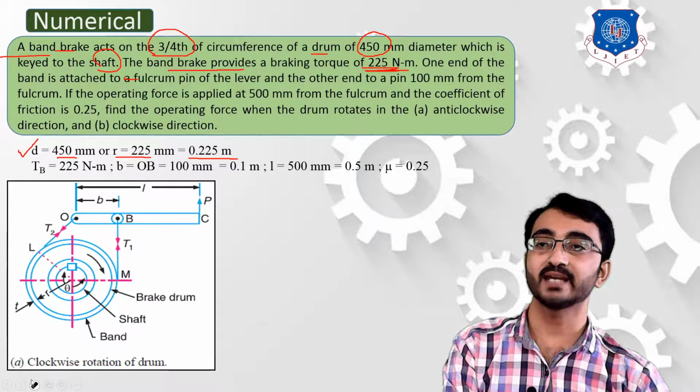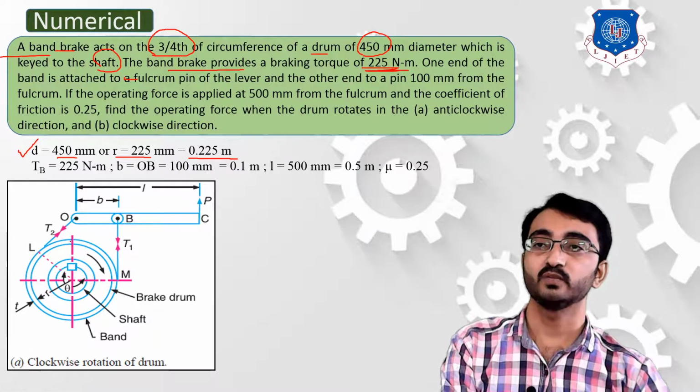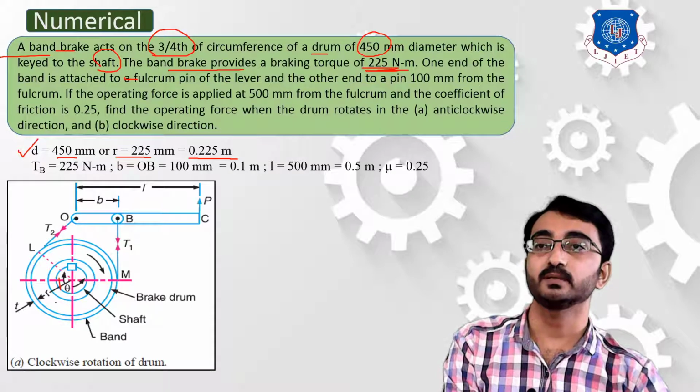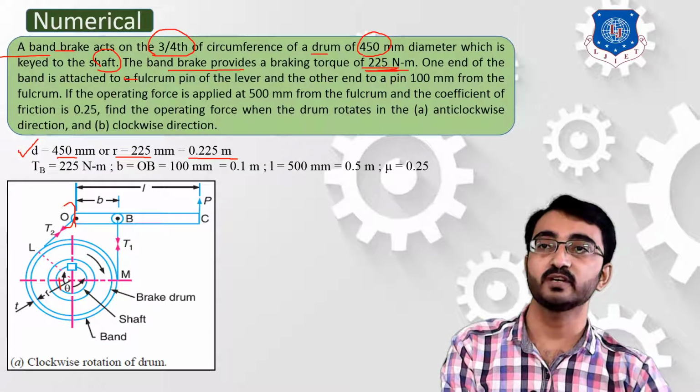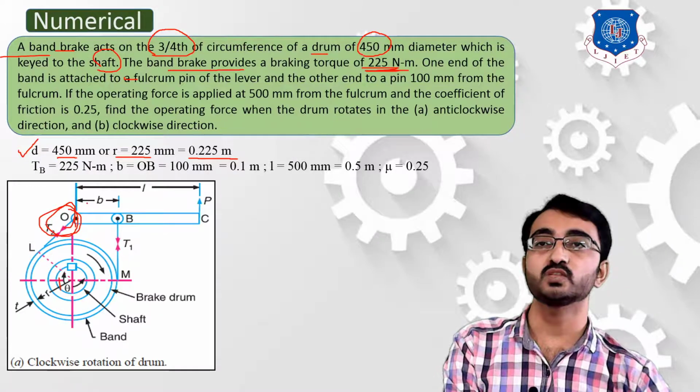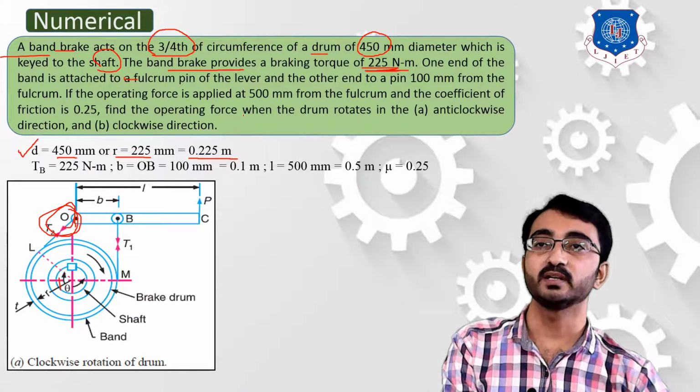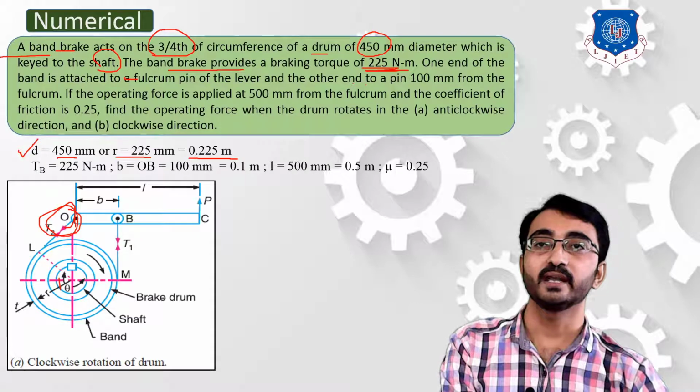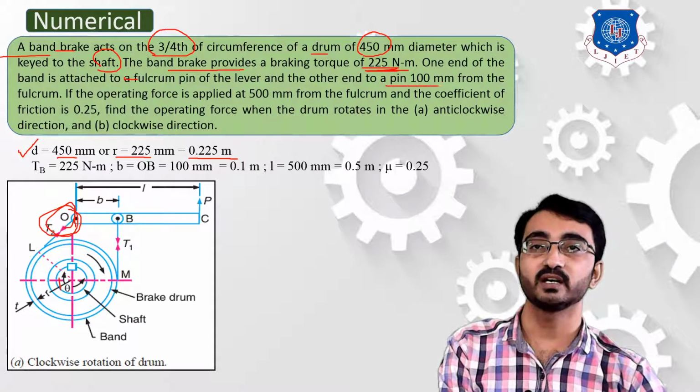In this diagram we can observe this fulcrum pin, that is point O over here. Now with respect to this point O, they have given the lever and the other end of the pin, that is 100 mm.